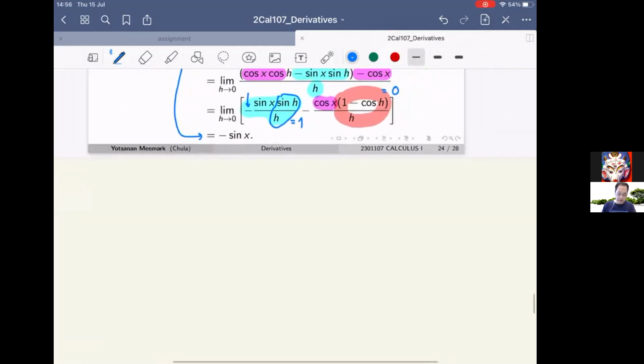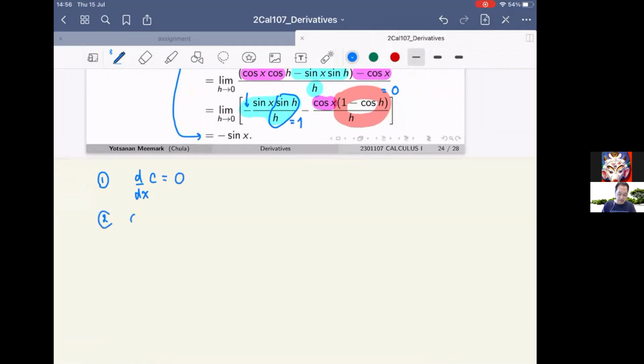First, the first one that we have is that the derivative of a constant becomes 0. The next one is the derivative of x raised to the power r, where r is any real number, which is r times x raised to the power r minus 1. The derivative of the exponential function e to the x is just e to the x itself.